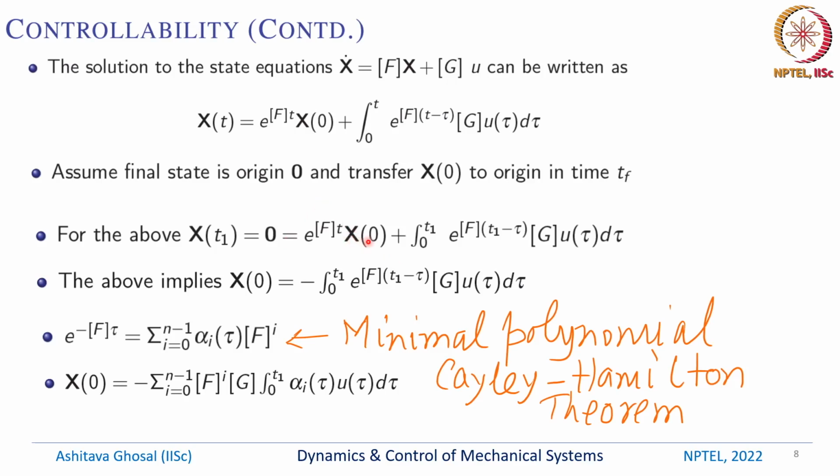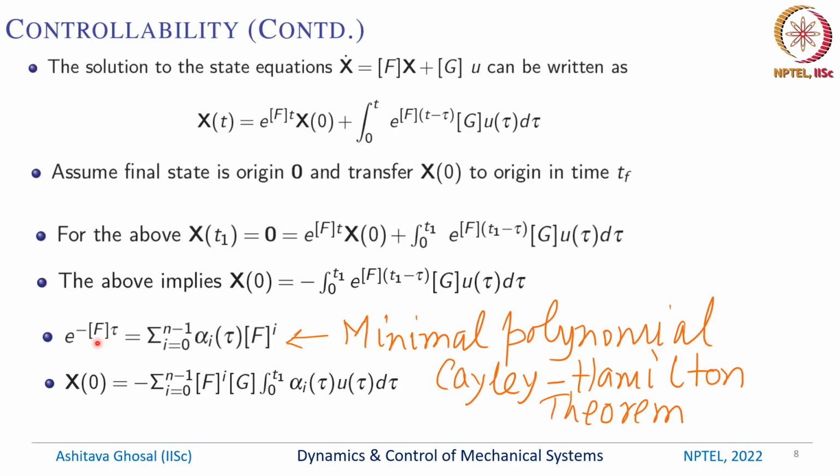So you take it to this side, then you get a minus sign, and you can simplify and write x of 0 like this. E to the power minus F tau can be written as a minimal polynomial. This is basically the Cayley-Hamilton theorem, which says that a matrix satisfies its characteristic polynomial.